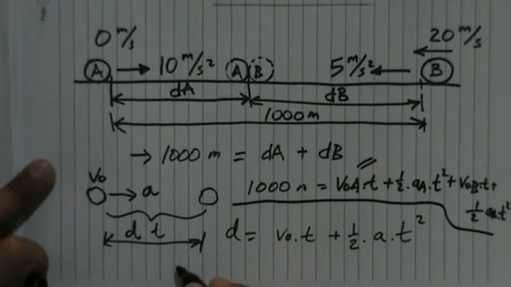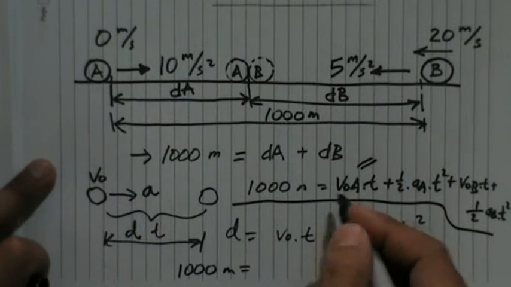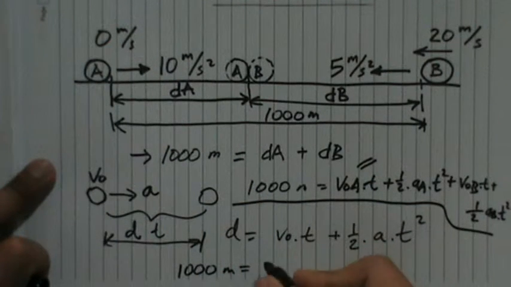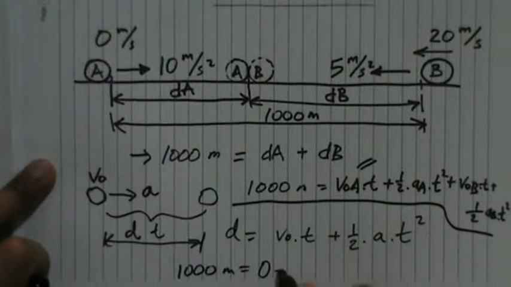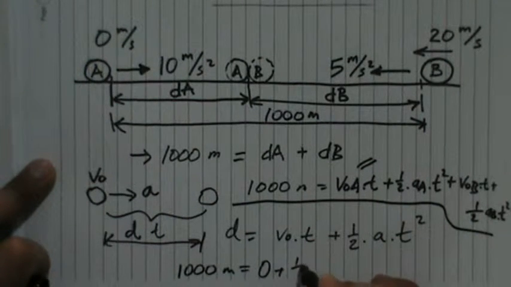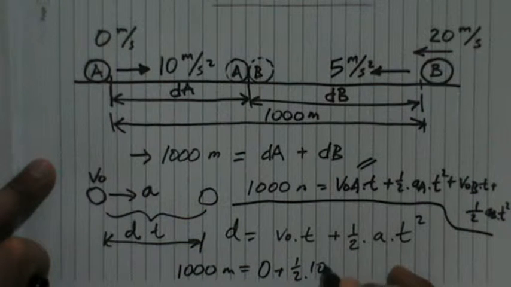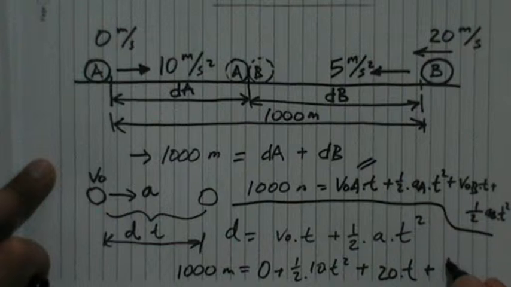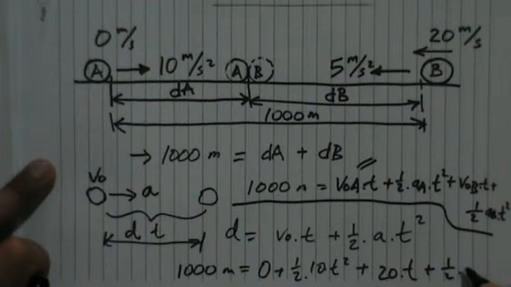And let me write in here, 1000 meters is equal to, since A starts from rest, the v0 of A is 0, and then plus 1/2 times 10 times t square plus, here the initial speed of B is 20 times t plus 1/2 times 5 times t square.